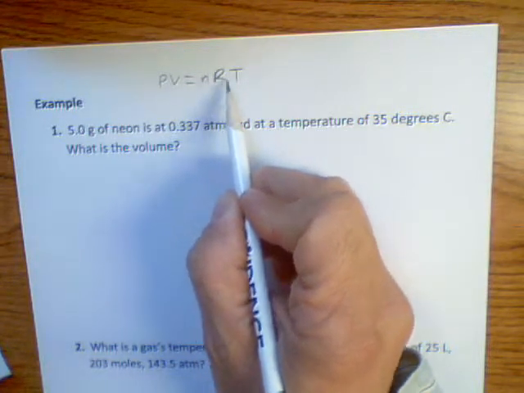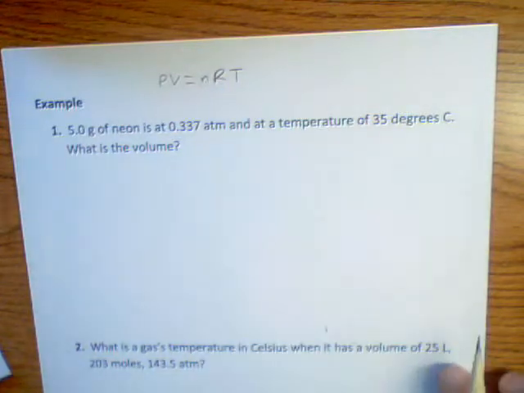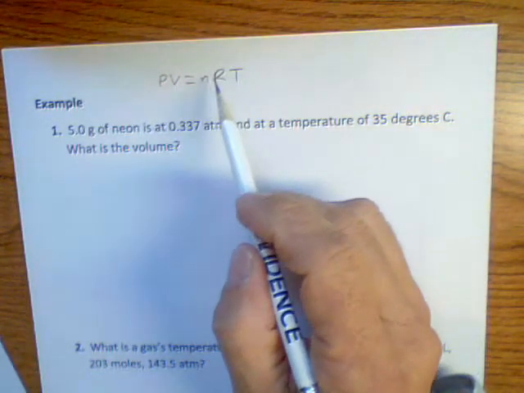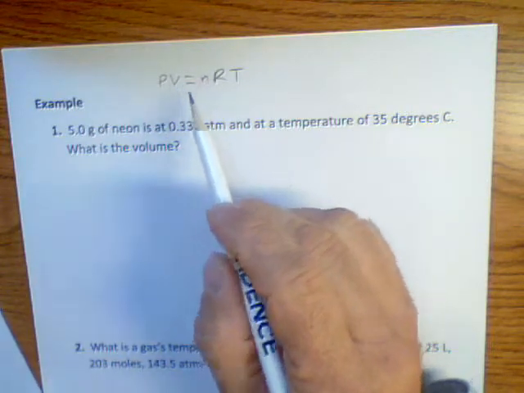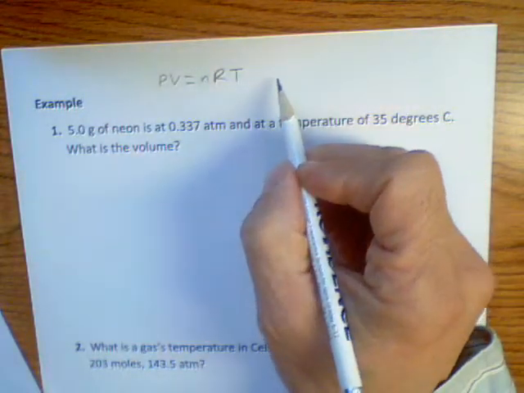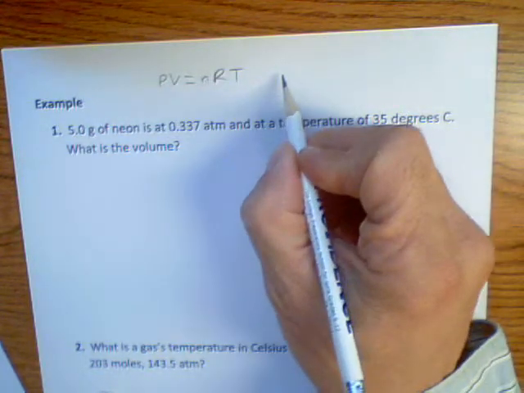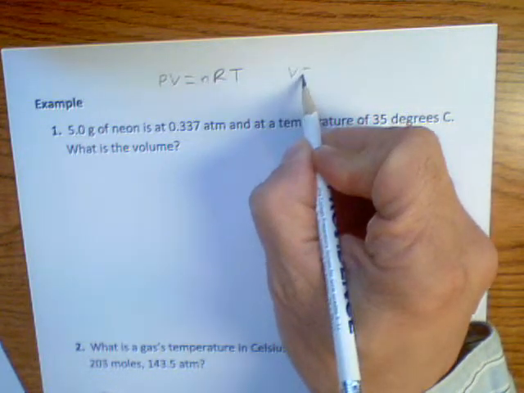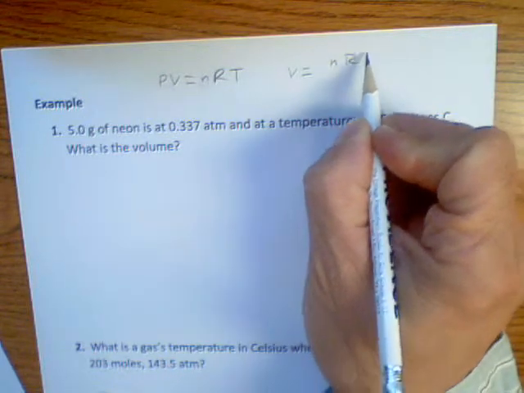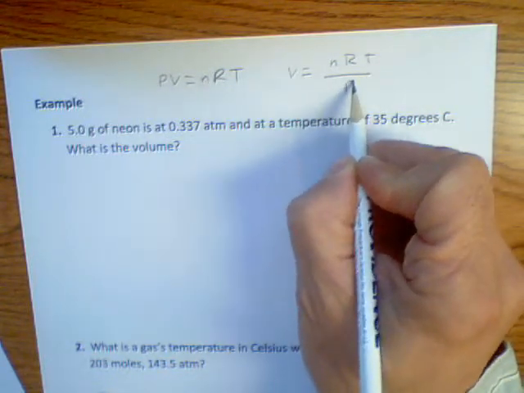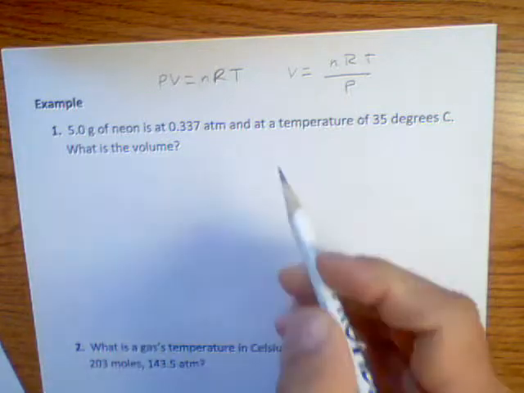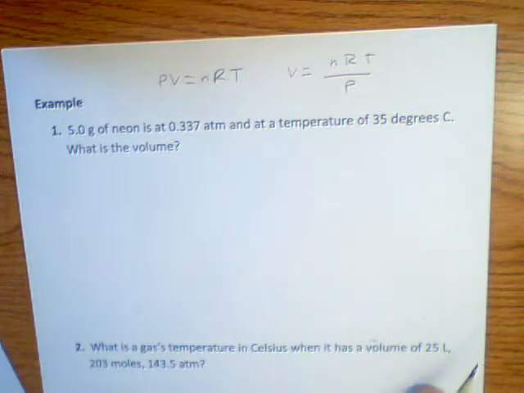R is the R value that I just mentioned. T is for temperature in Kelvin. Right. So you're going to need to be able to rearrange this equation depending on what we need. For example, if you want volume, you might need to rearrange it. The volume equals nRT divided by P. All right, so you might need to rearrange that equation.